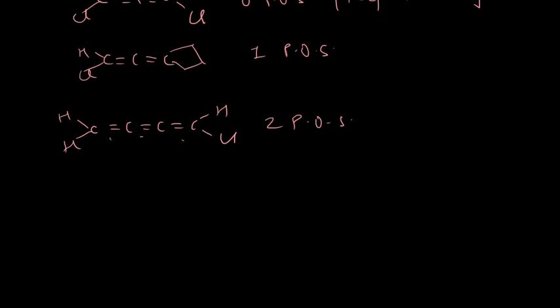If we take the example of this compound, it does have 2 POS. It has 2 planes of symmetry because it is equivalent to a double single bond, and one plane will pass through the mid center and another plane is the molecular plane, which is called a sandwich plane.